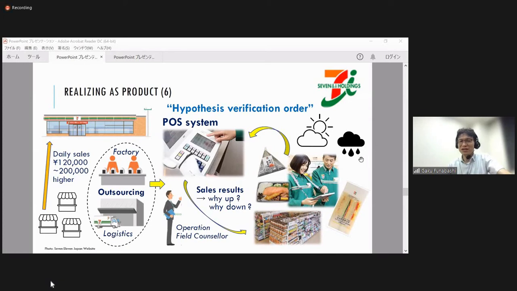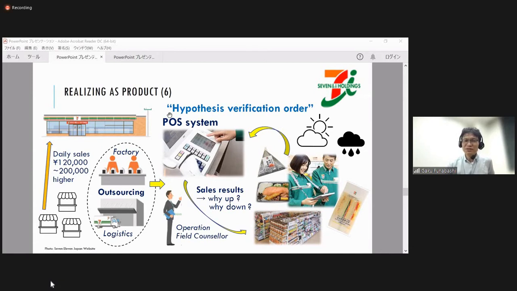Or if it's a rainy day, some hot drinks. So again, not only using this data, these staff socialize themselves with the people in the regions where stores are and decide what should be ordered.